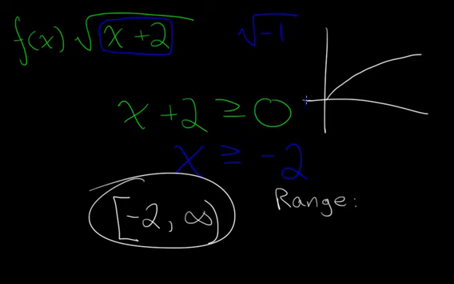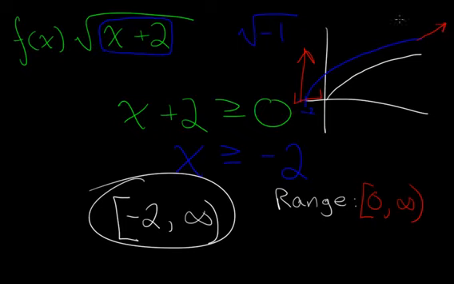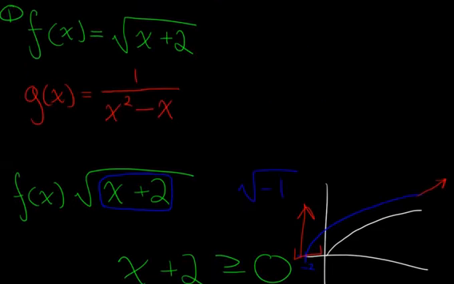So here's -2, and here's the graph of f of x. The range looks like it goes from 0 all the way to infinity. So the range is 0 to infinity, because it just keeps on going in the diagonal upward direction from 0, starting at x equals -2. So that's question 1.